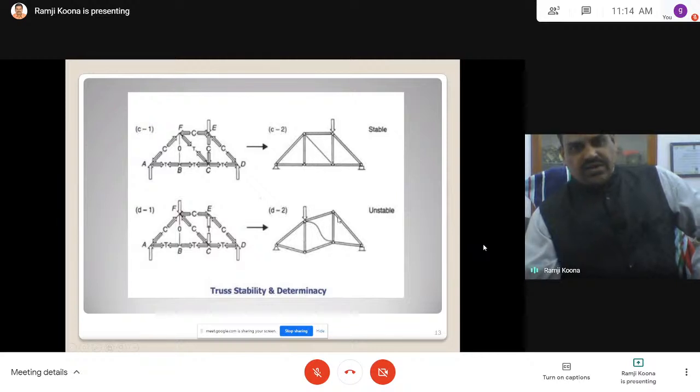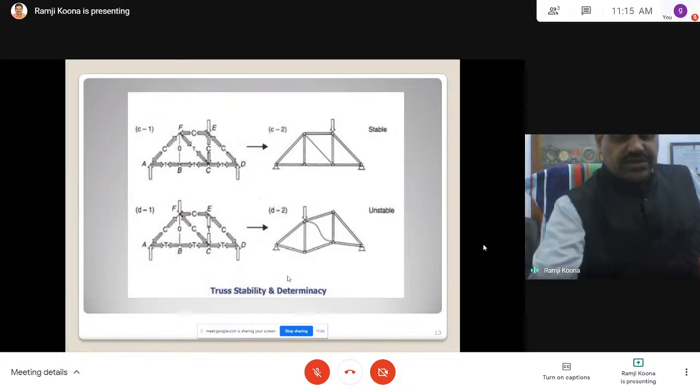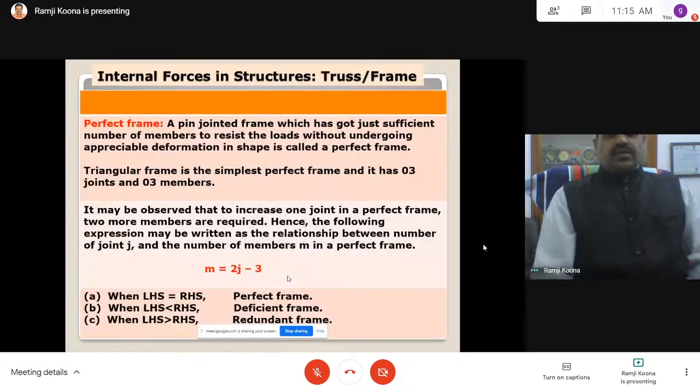If it is not there, the shape is changing. That is unstable. Sometimes a structure is stable, unstable, sometimes redundant. Even if not required, you are using more members. These are the things we generally come across and try to avoid.